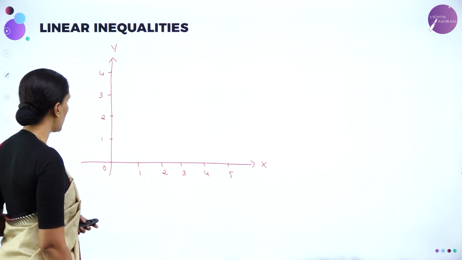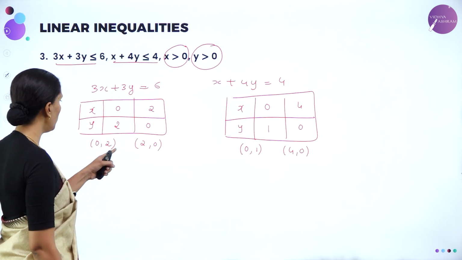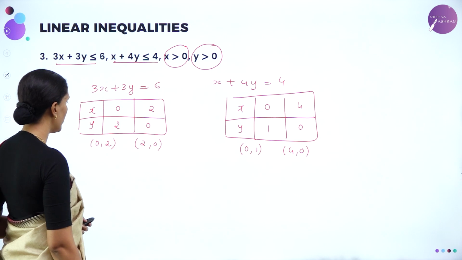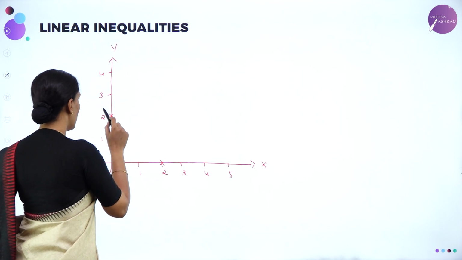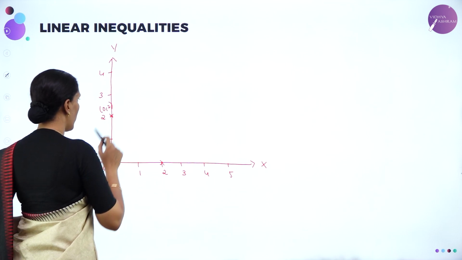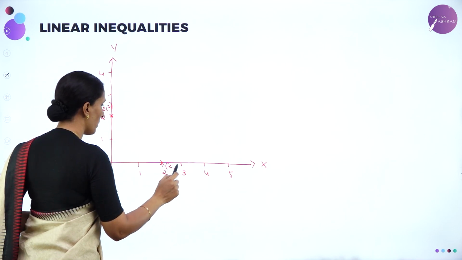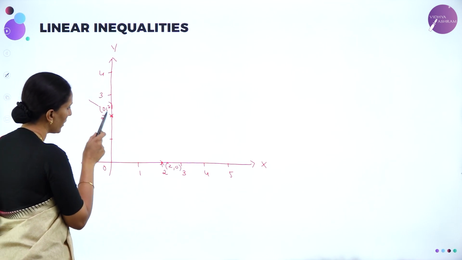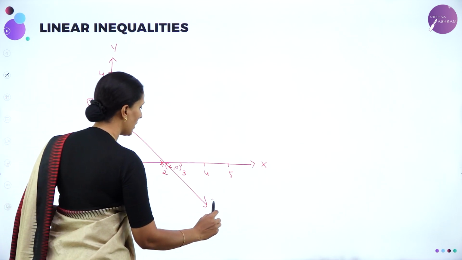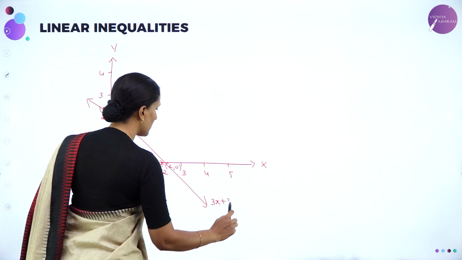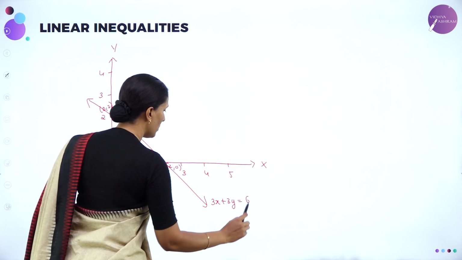Now for the first equation, it is 0, 2 and 2, 0. Plot this. So this point is 0, 2 and this point is 2, 0. So draw a line joining these 2 points. What is the equation of this line? 3x plus 3y is equal to 6.